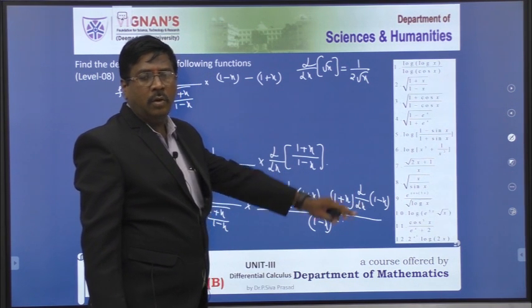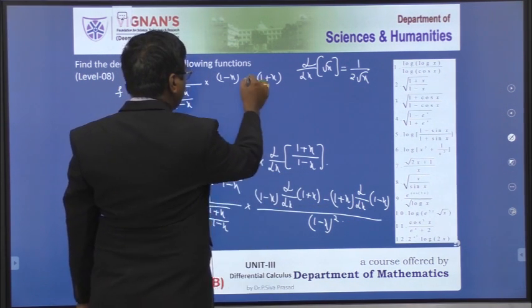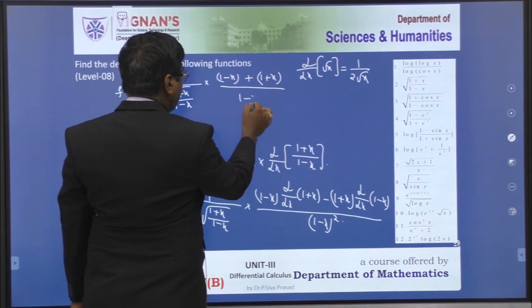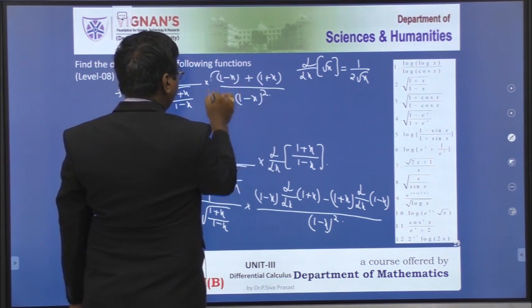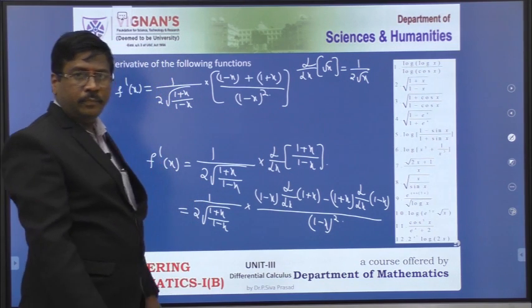The derivative of 1 is 0, minus x derivative is minus 1, minus of minus is plus 1, all by (1 minus x) whole square. Will you catch your point?